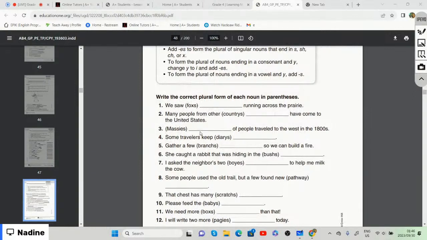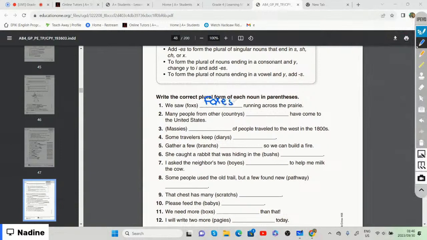So I saw running across the prairie. So foxes, right? We need to write that in, so foxes. It is running around the prairie. Many people from other country have come to the United States. Is it country or they've come from other countries?